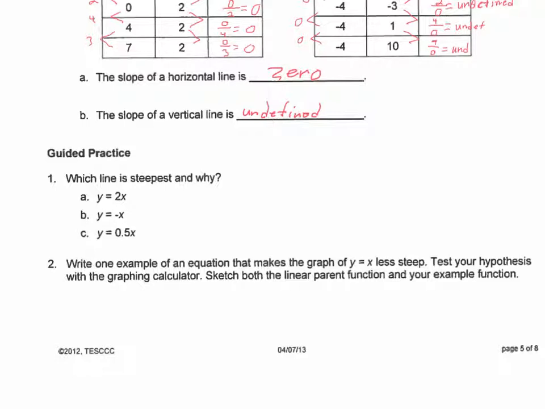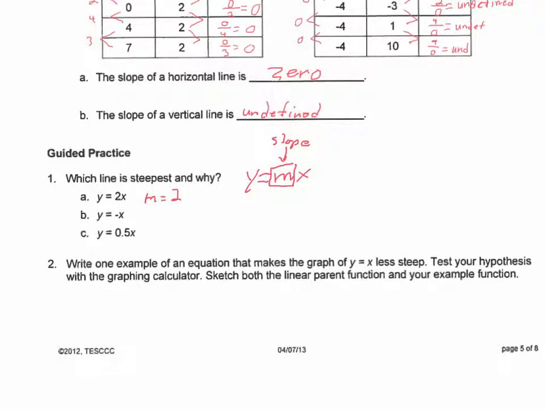Well, some of you might be saying, Mr. Hahn, there is no slope. I don't see a slope. Remember that our linear equations look like this: y equals mx. And so whatever number is in front of the x, in the m position, that's your slope. So in letter A, our slope, our m, equals 2.